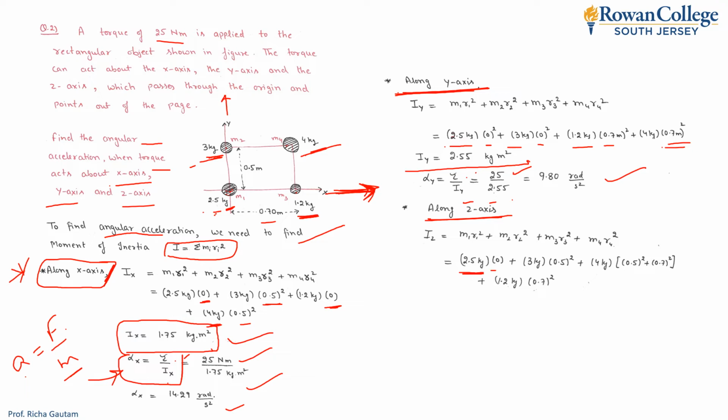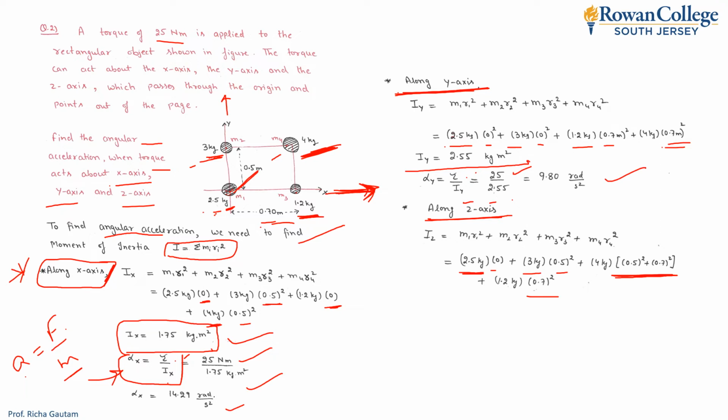The second mass, your 3 kilogram, will be at the same distance 0.5, since your z-axis passes through the origin and points out of the page. 1.2 will be at 0.7, but the 4 kilogram will have the diagonal distance from the z-axis, which is coming out of the page, and that distance will be the square root of 0.5 squared plus 0.7 squared.